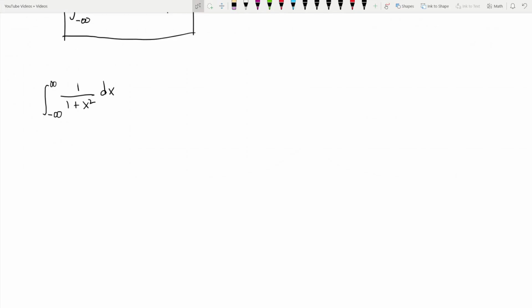So if I come back to the board here, and I make the decision to split this at 0, I'm going to go from negative infinity to 0, 1 over 1 plus x squared dx, plus 0 to infinity, 1 over 1 plus x squared dx.